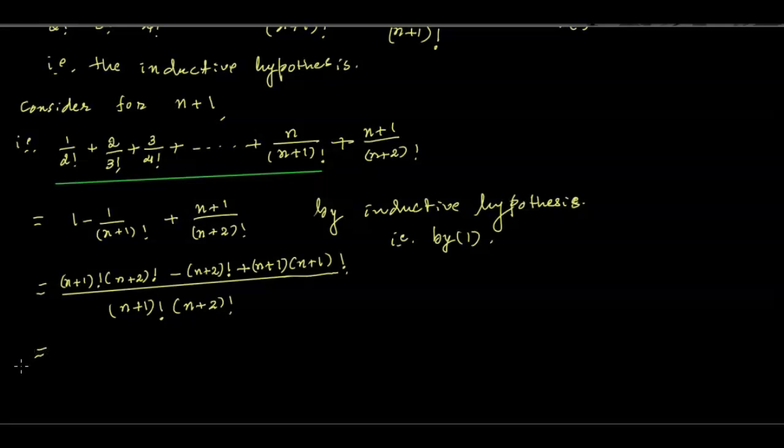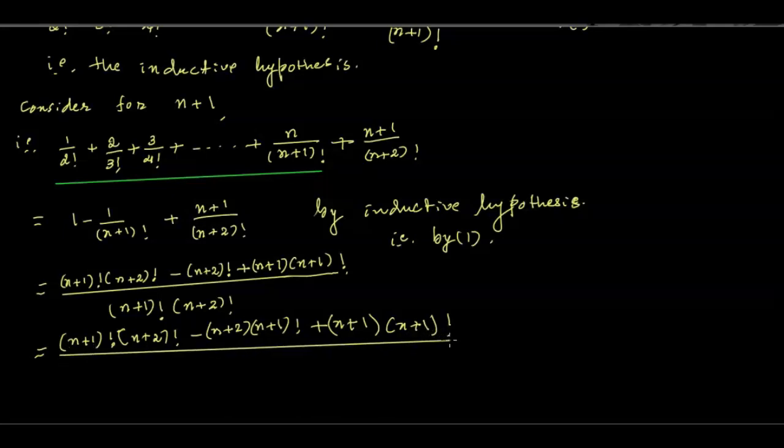Now this is equal to, which I can write as, (n+1)! into (n+2)! minus (n+2)! plus (n+1) into (n+1)!, divided by (n+1)! into (n+2)!.